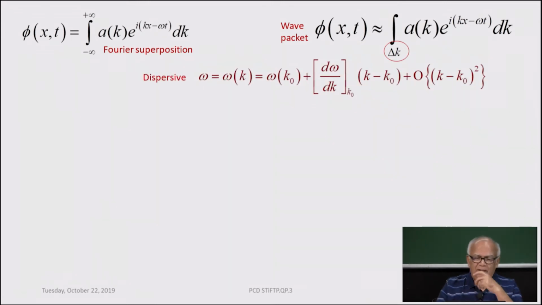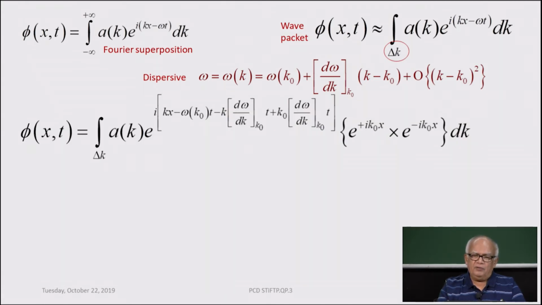So, you may have even in vacuum a dispersion, and you can write it, if you like, as an infinite series, but even if you take a few terms you can get the physics out, all right. And if you write the k dependent omega in the wave packet description, it is the same term, there is nothing new in this.